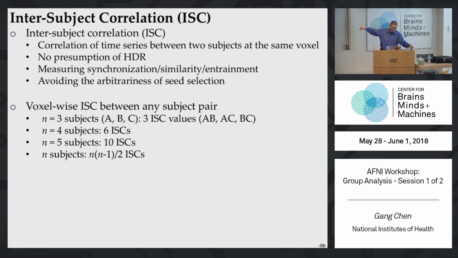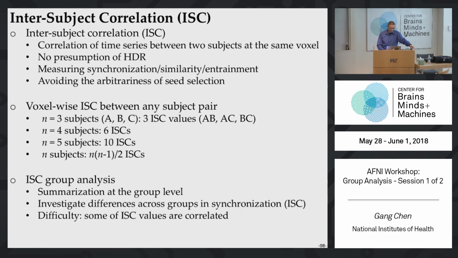Here I list the complexity of this case. With 3 subjects, you end up with 3 pairs; 4 subjects, 6; 5 subjects, 10; and that number goes up pretty quickly. With n subjects, you end up with n times n minus 1 divided by 2 inter-subject correlations. The challenge is at the group level.